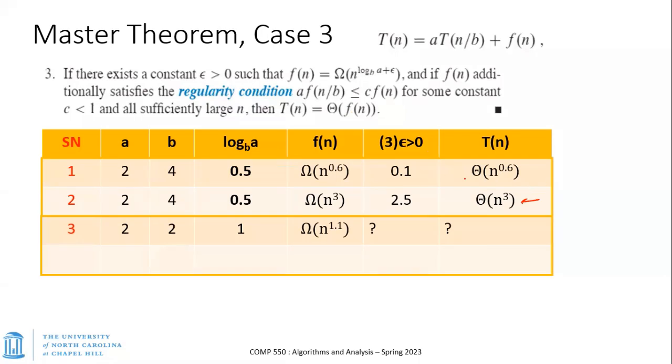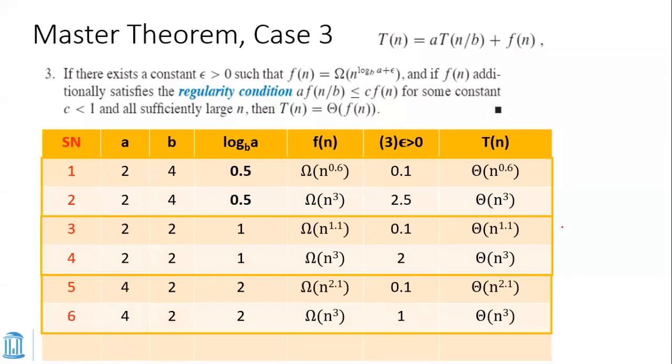Again, I have a whole bunch of examples, and I'm not going to belabor this, but you can see that in all of these cases, with different values of a and b, log to the base b of a comes out to be 1. And so if it is 1, then you could pick f of n to be any power higher than 1. So 1.1, 3, 100 million, whatever.